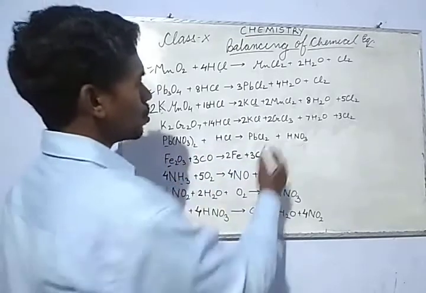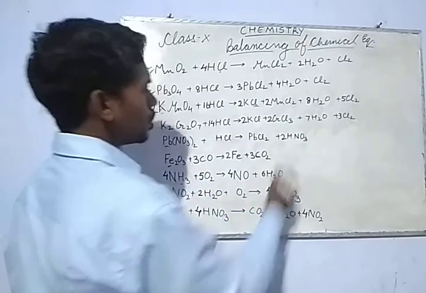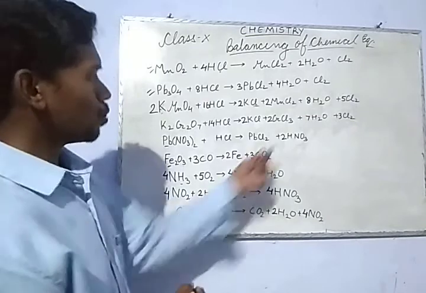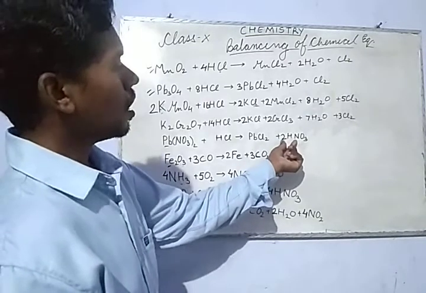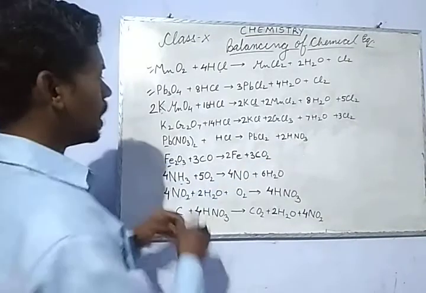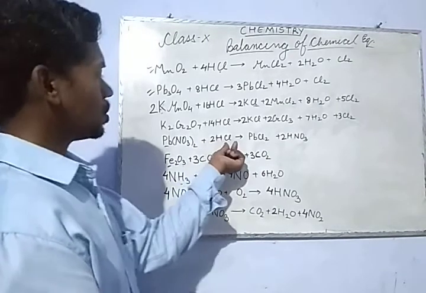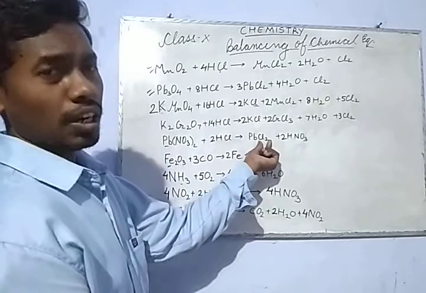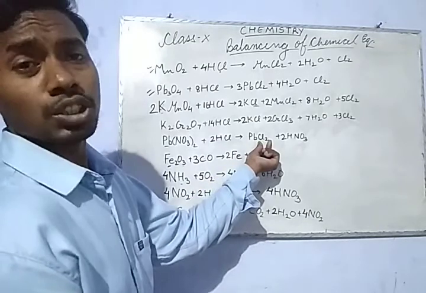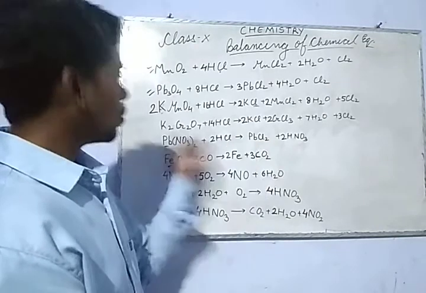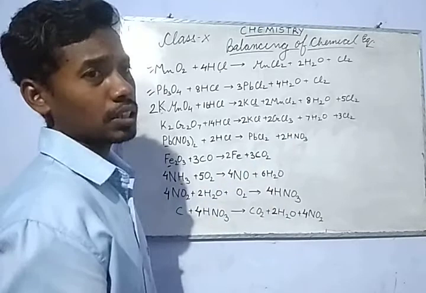So here also, how many NO3 should be there? 2 NO3 should be there. So when we put 2 here, how many hydrogen? 2. To balance it, we need to have 2 here. After it is done, you see that Cl2 is 2, and on the right hand side again Cl2 is 2. So this equation is also balanced.